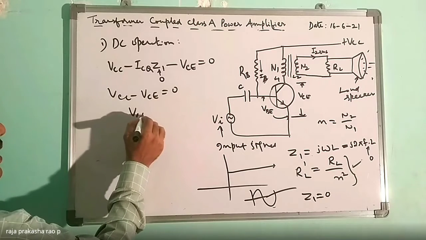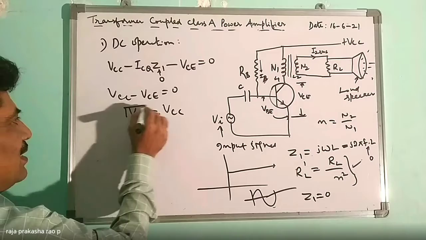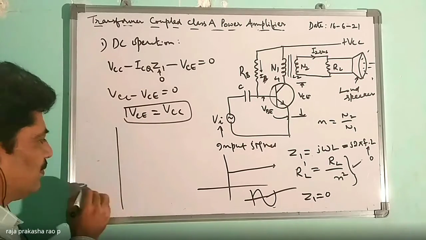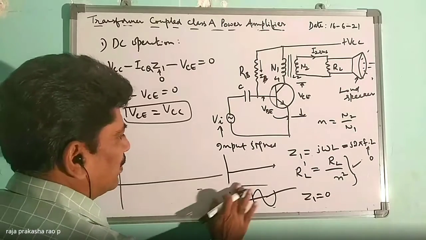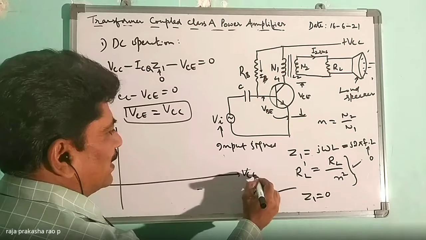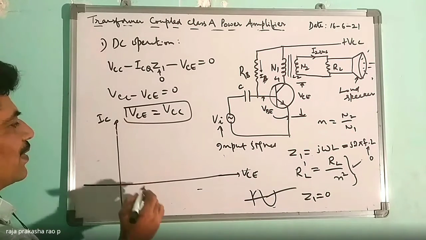So VCE is equal to VCC in the DC operation. VCE is representing the x-axis and IC is representing the y-axis.